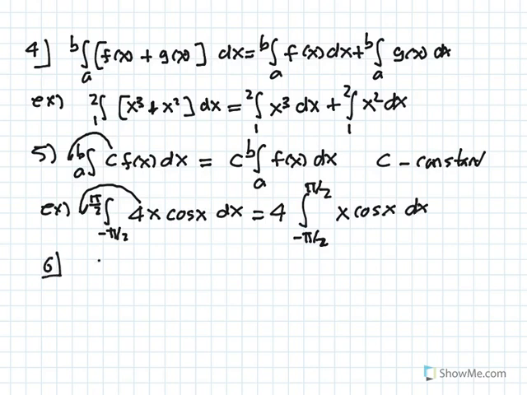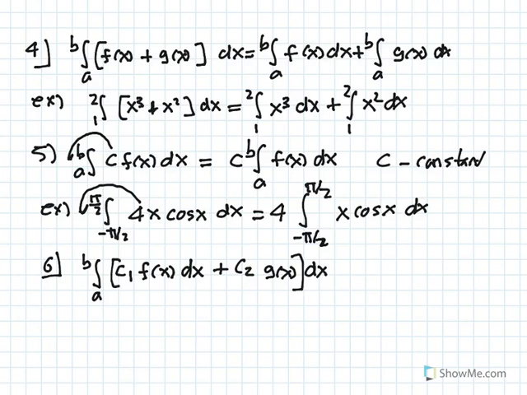Property number 6. The integral from a to b of c1 f of x plus c2 g of x dx is going to be equal to c1 passes through the integral, so you get c1 times the integral from a to b of f of x dx plus c2 times the integral from a to b of g of x dx. All right, let's give an example of that.